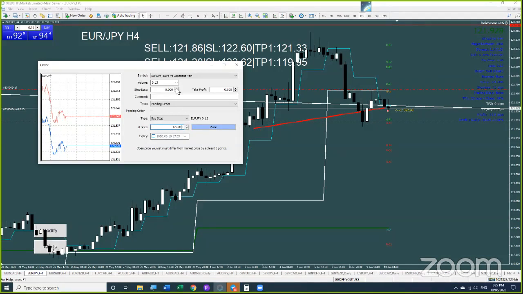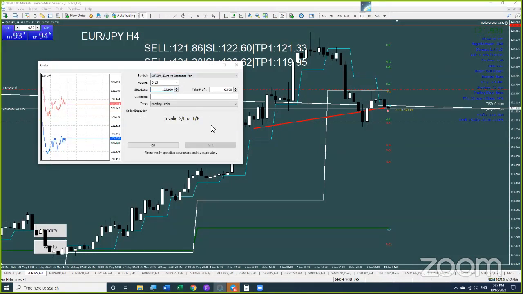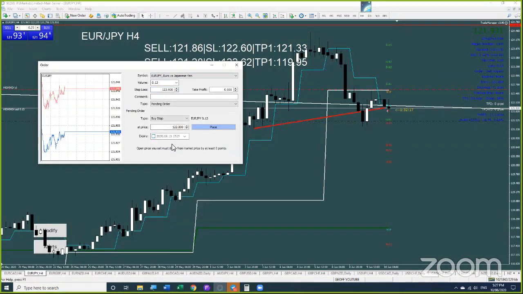Kind of means you've got to be awake. This is, I guess, what we're saying, if you don't have an EA running. So there we go. Invalid stop loss. What do you mean invalid stop loss? It's because of the buy stop. Let me change that then to 120.93.